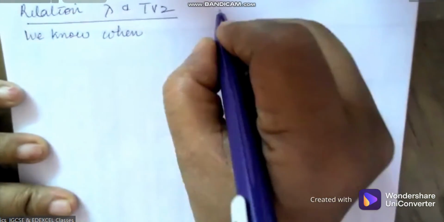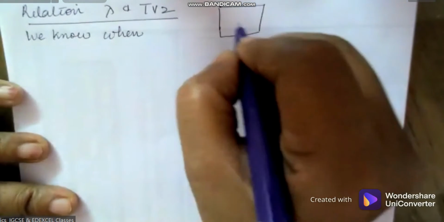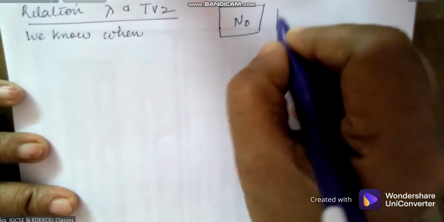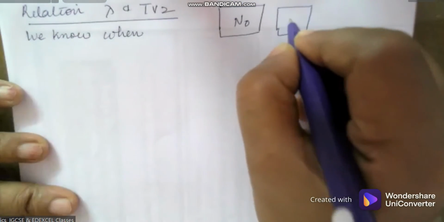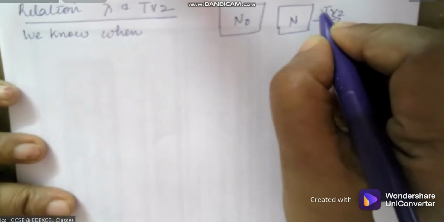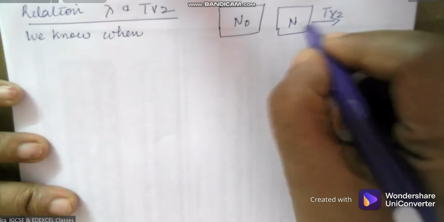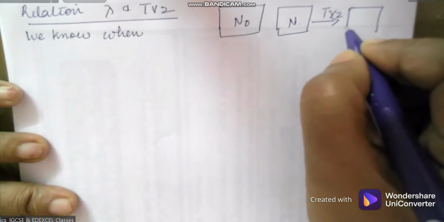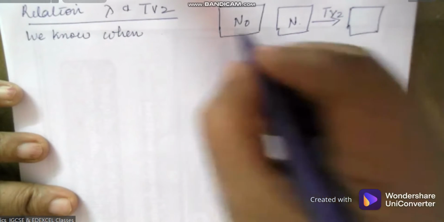After one half-life, that means, in the beginning, you have n naught. Now, say you have n after one half-life. T half is the half-life.